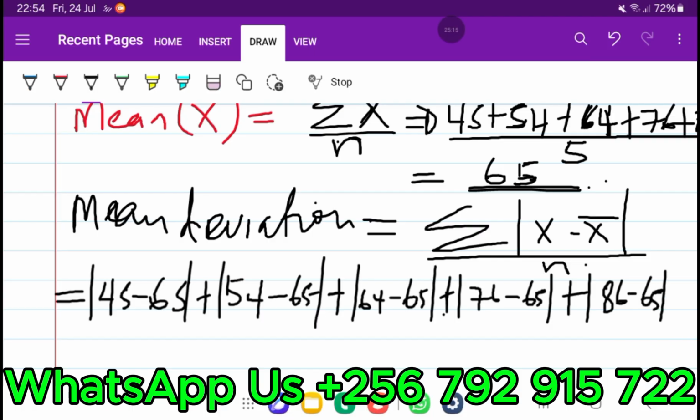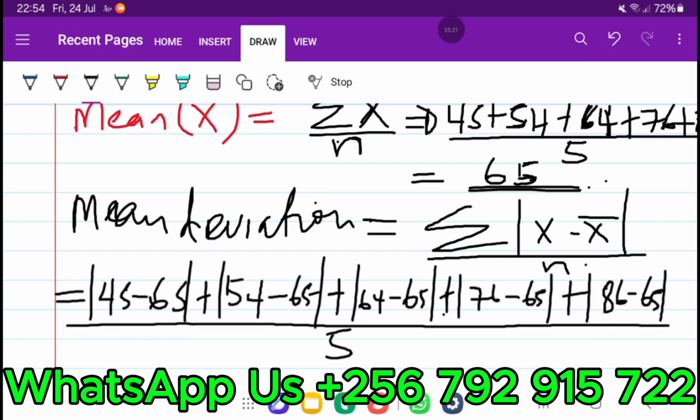The whole of this divided by, what is the number? These numbers, they are 5. And of course, the final answer will be 12.8.